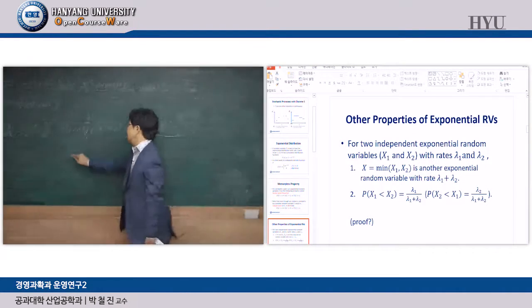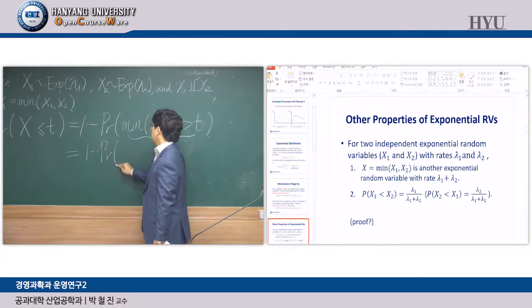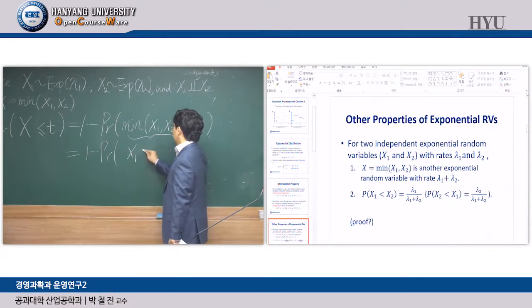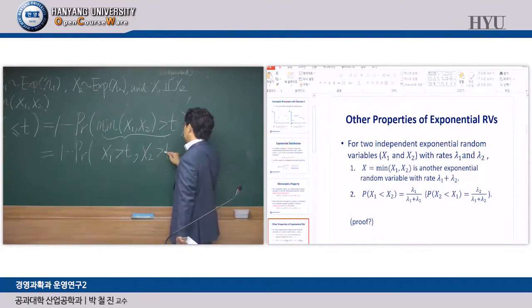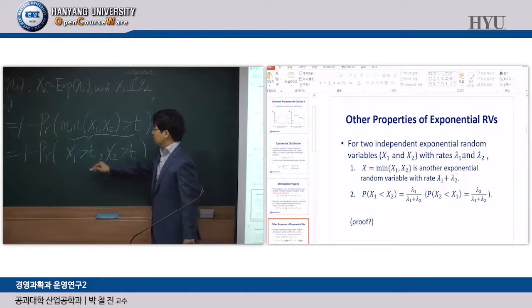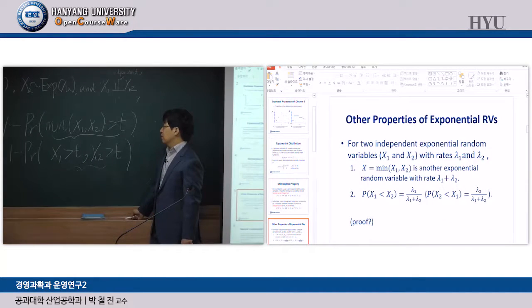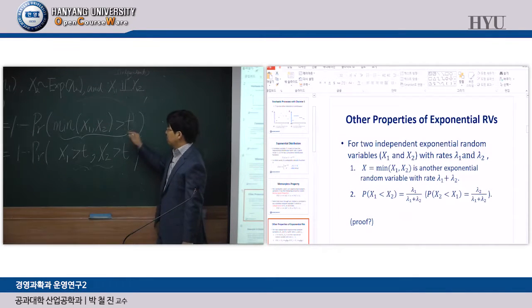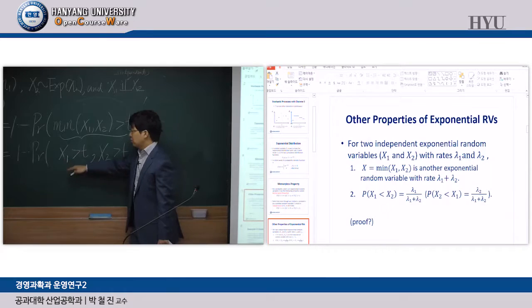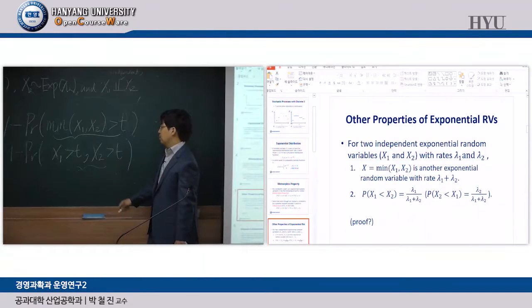As long as X1 is greater than t, and at the same time X2 is greater than t, then these two events occurring at the same time represent that this event occurs. So they are equivalent. So we can rewrite this event as X1 is greater than t and X2 is greater than t.